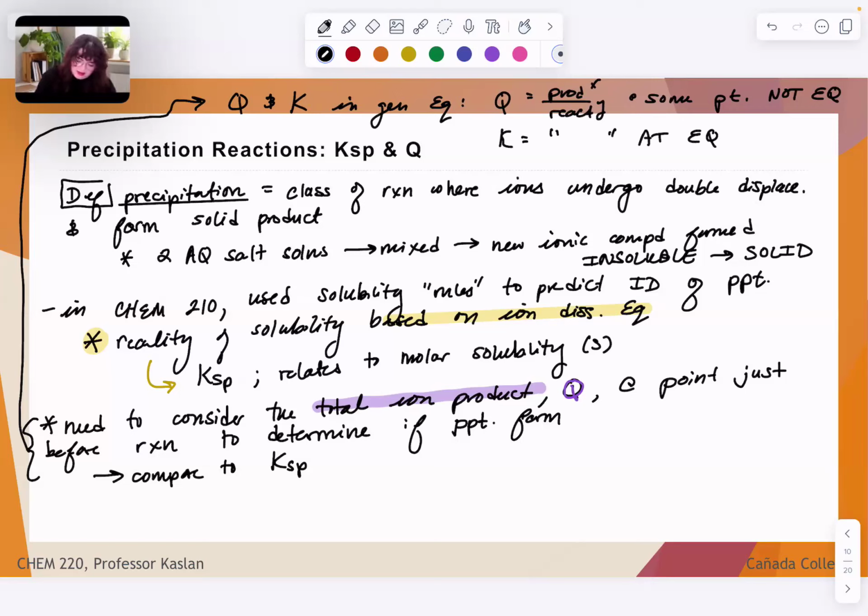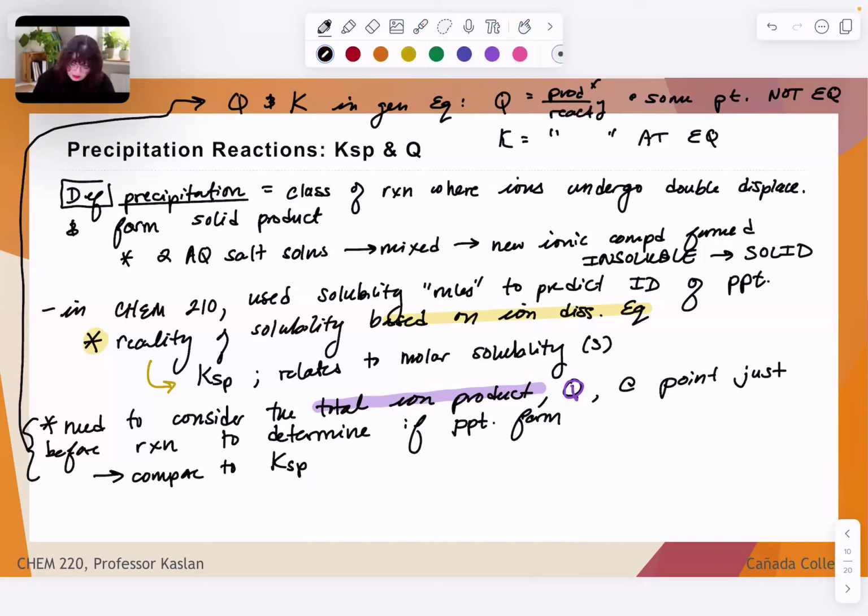So we can make statements based on how Q relates to K numerically to say whether our reaction will shift or drive forward, or shift or drive left in reverse, to reach equilibrium. Here it's the same idea. We compare Q to K to determine if we have sufficient ions in solution to reach saturation.